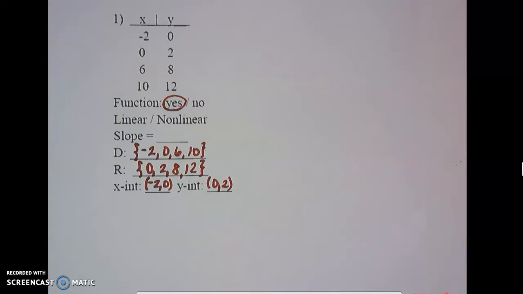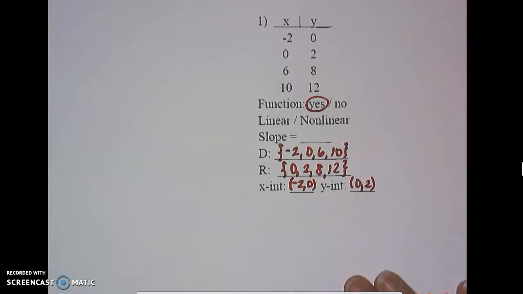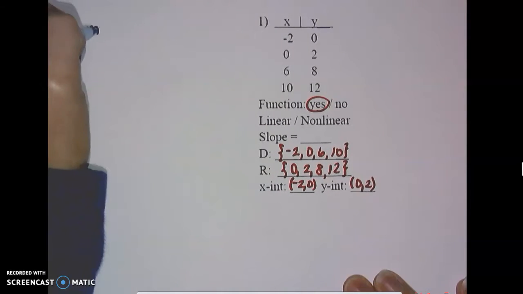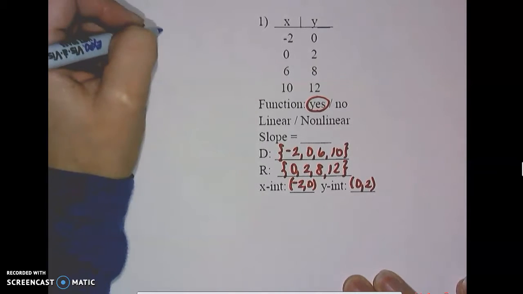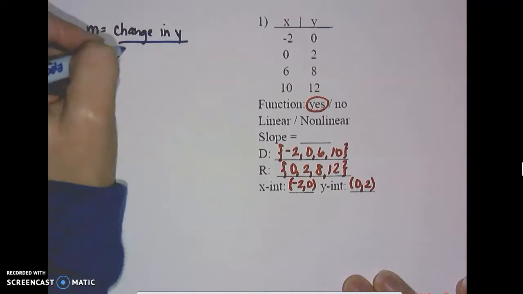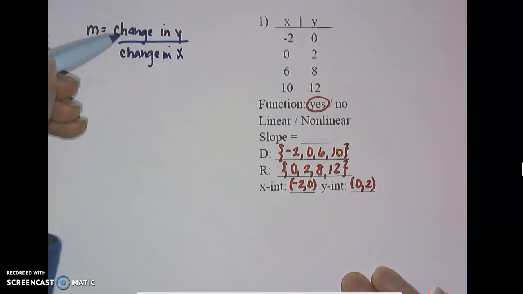Okay? So slope, I'm actually going to bring this over here. So slope is the change in y over the change in x. And so it's rise over run. Change in y would be your rise, and change in x would be your run.